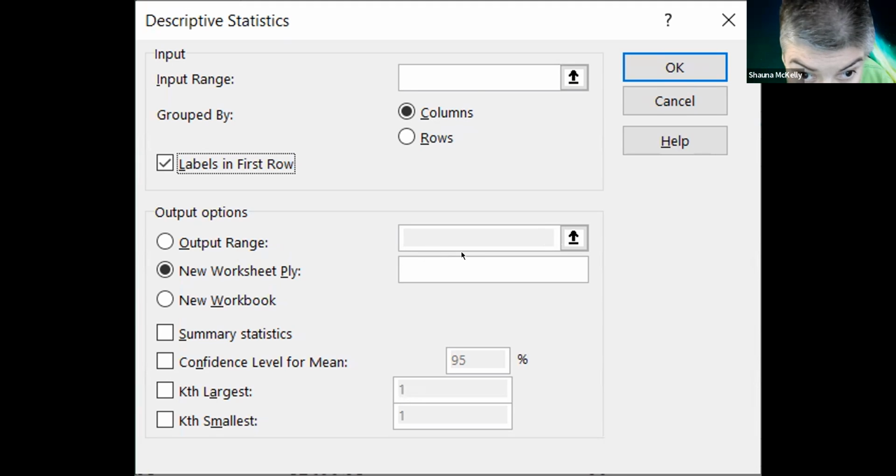But this is my output range. And then I have to do every time it gives me a new, I'll put the range over here for my output.